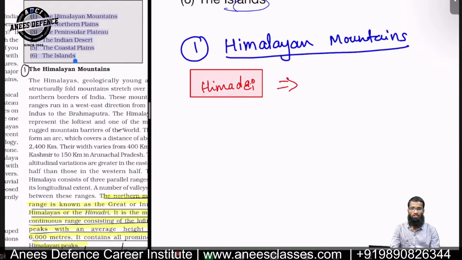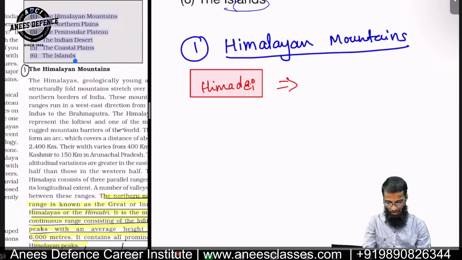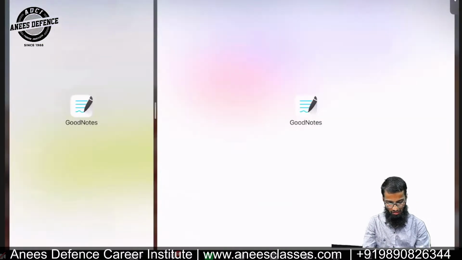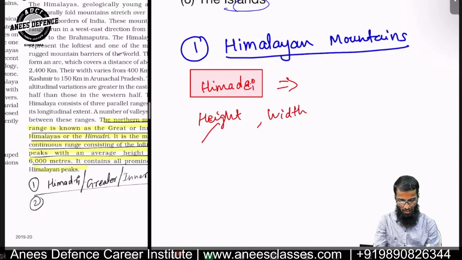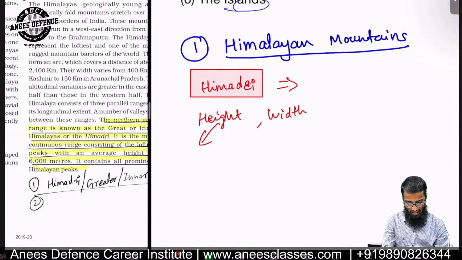And in Himadri, we'll be talking about the height, width, okay, about the height plus width. So understand and remember that height of Himadri. Firstly, I will draw a diagram.